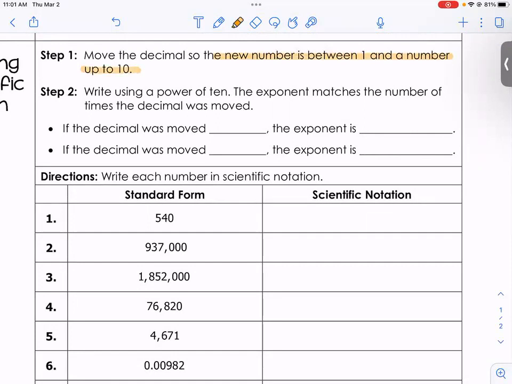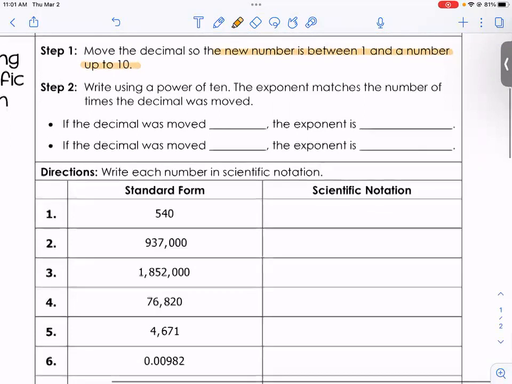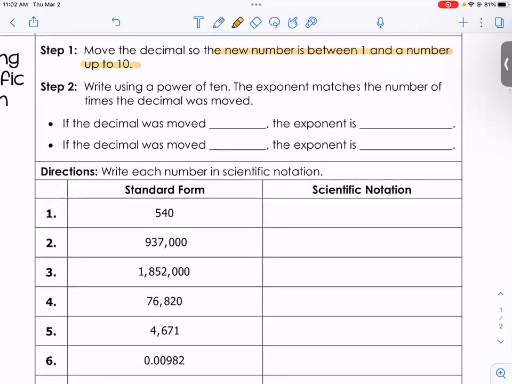Then we are going to write using the power of 10. However many decimal places we move, that is what the exponent of our scientific notation is going to be.